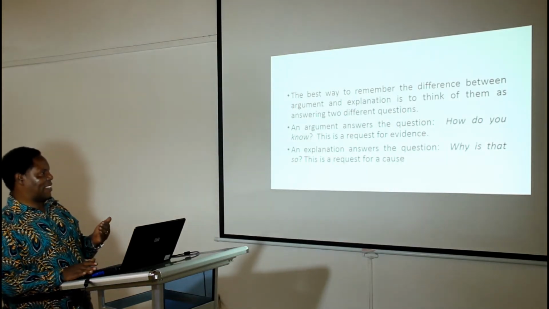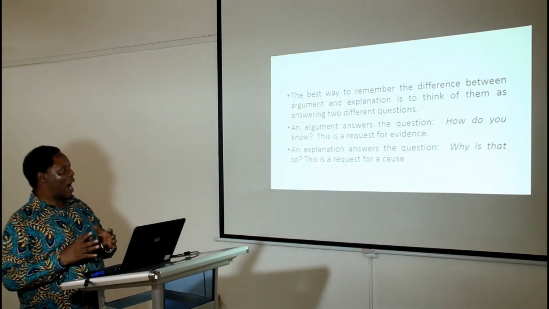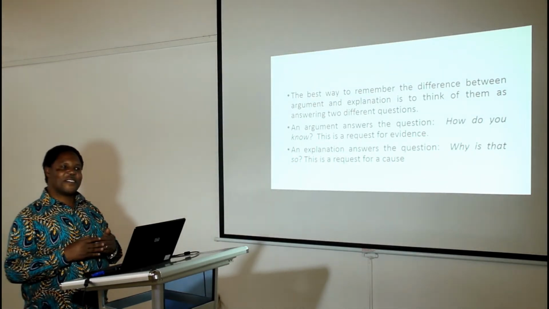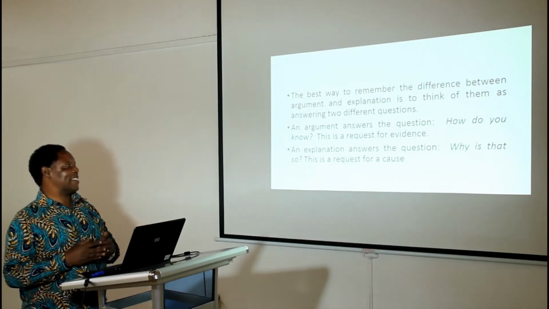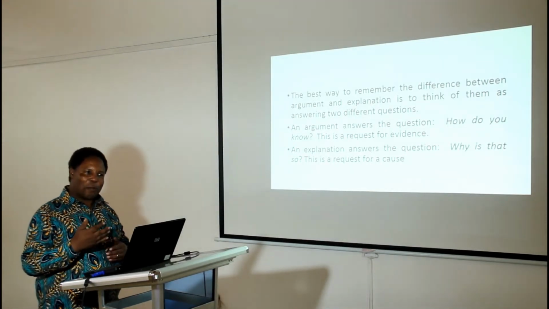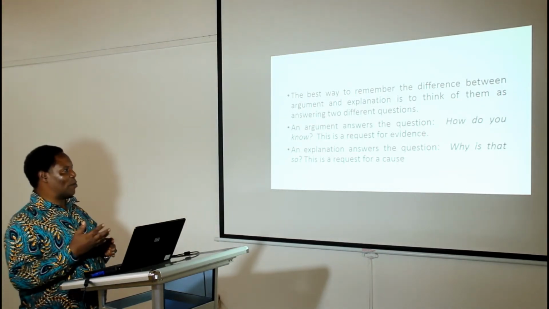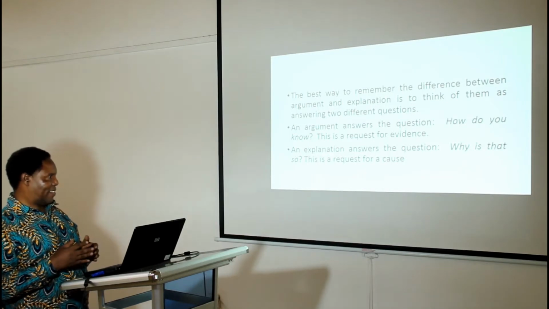This is a request for evidence. Once you hear the question, how do you know, it means the one asking wants you to prove. In order to prove, you provide evidence or evidences in order to support what you are trying to say.